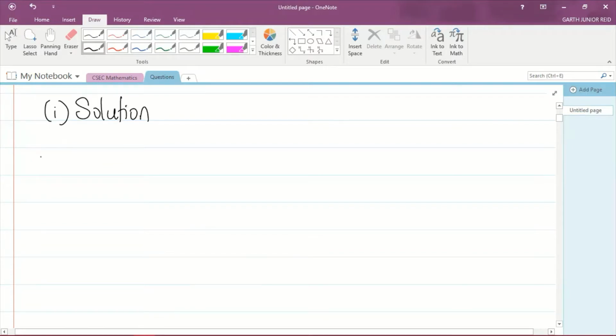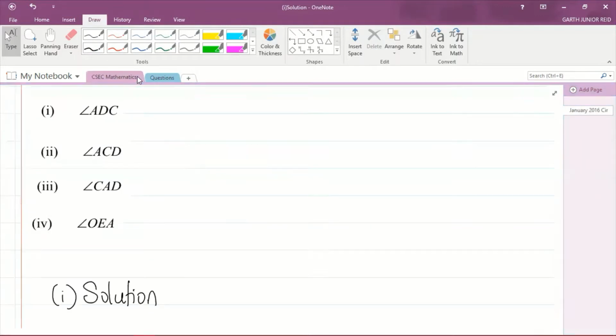We are saying that the angle ADC is equal to 90 degrees. Why is that?